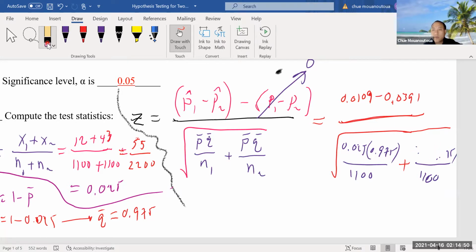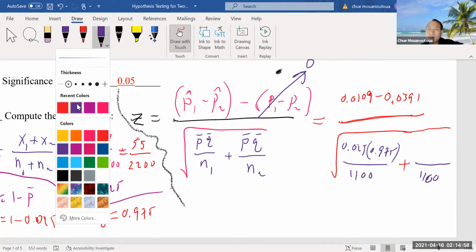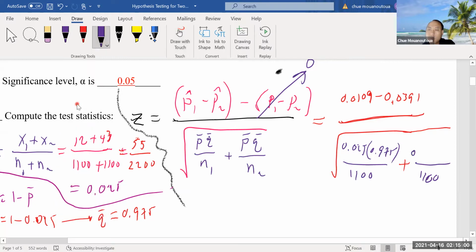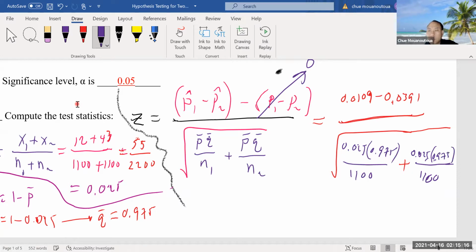Let me rewrite this again so you can see a little bit better. So 0.025 times 0.975. Okay, so use your calculator and see what you get.